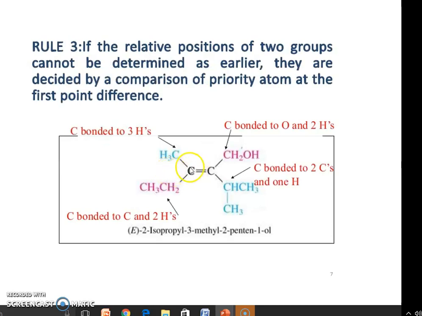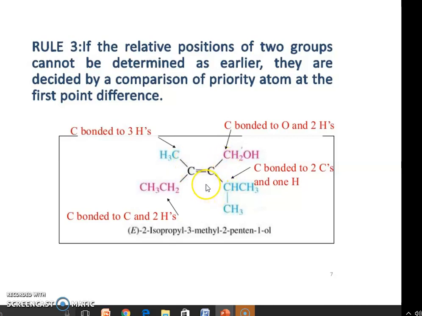You can see the carbon is bonded with a methyl group, a CH2OH group, an ethyl group, and a propyl group. Among these it is very difficult, as the first atoms of all the groups are carbon only.